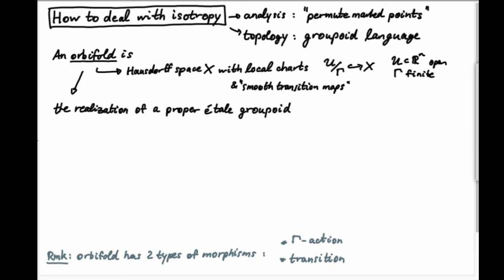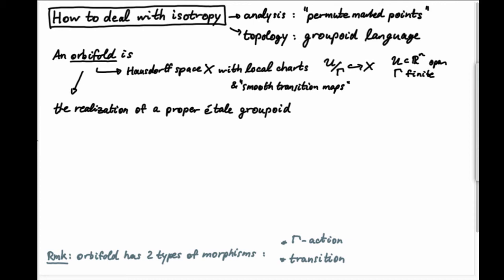So, and again, it's going to be very, very quick, but one basic idea here is that you can talk about orbifolds like we did before, or you can talk about them as groupoids. So more precisely, what is a manifold? A manifold is a Hausdorff space that has local charts from R^n and smooth transition maps.